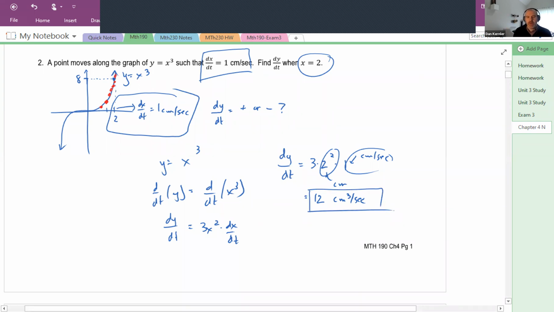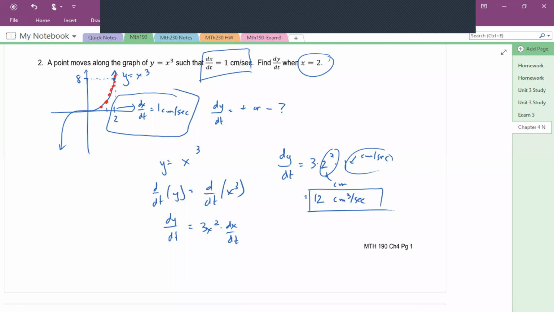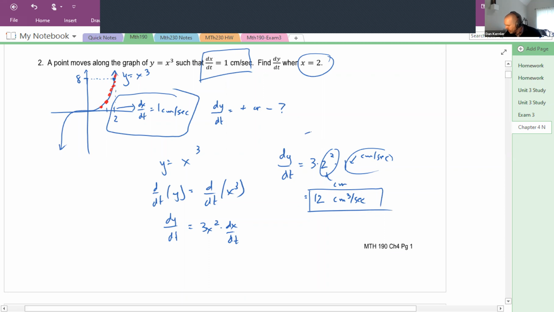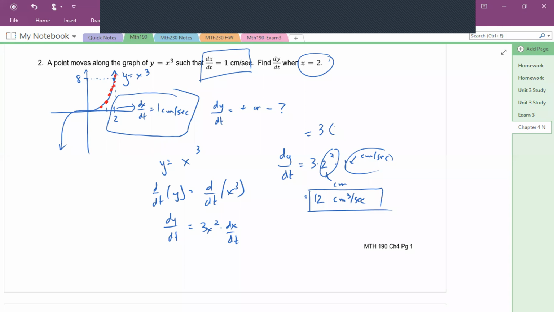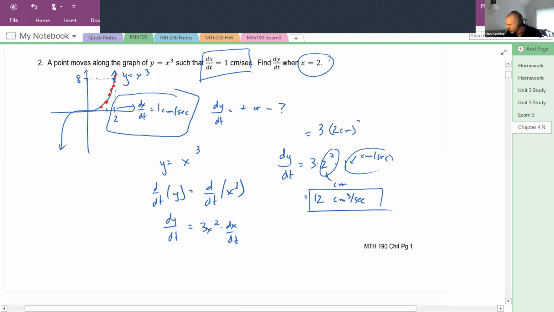Okay, any questions on that one? Could you go over why it's cubed again? So if we put in all the units, let me write in all the units with it. If dx dt is centimeters per second, that means x must be in centimeters. So that'll be 2 centimeters, and that's squared, and then multiplied by 1 centimeter per second.